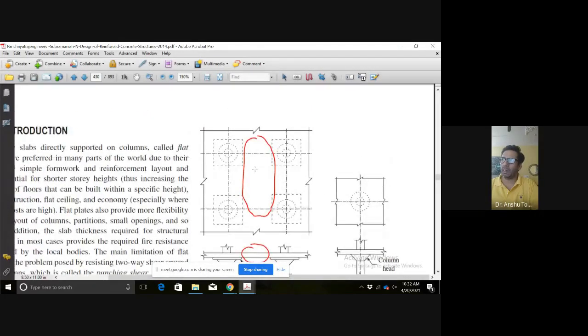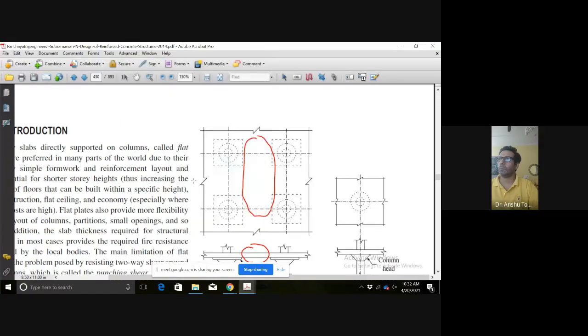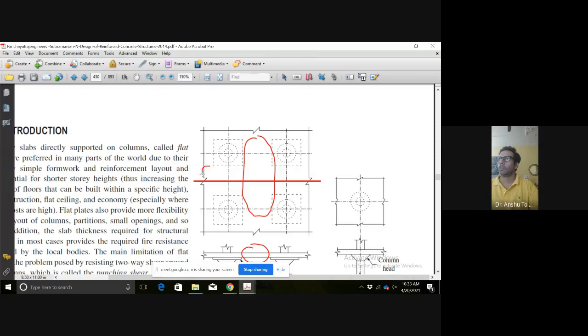Let us say it is in this region, so it will take half of the load from here to here. So this much portion is going to be covered, and this load is going to be taken care of by this, and it is going to transfer it like this.